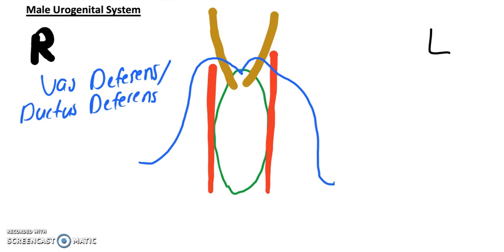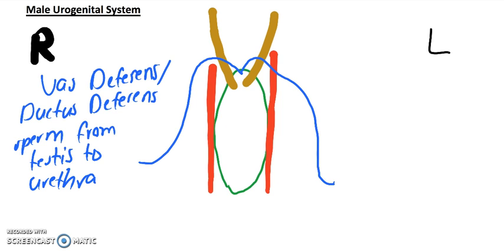Okay, and this carries sperm from the testis, from the epididymis to be more specific, and it brings it to the urethra. So it doesn't go to the bladder, it goes to the urethra.